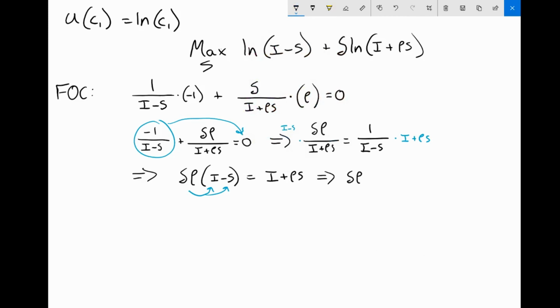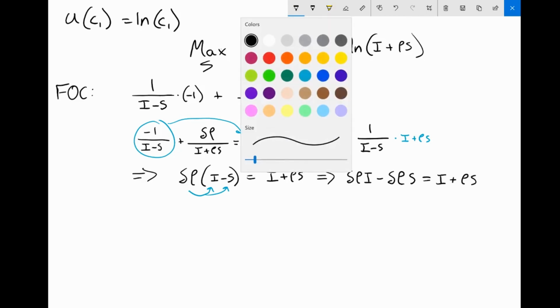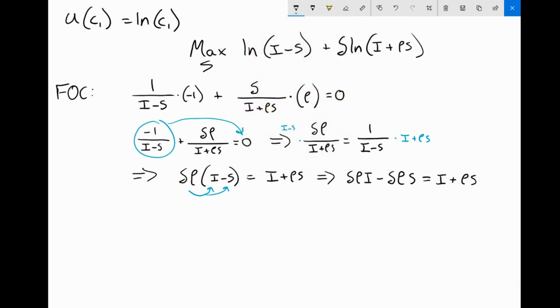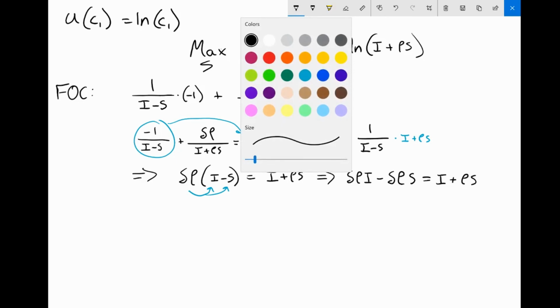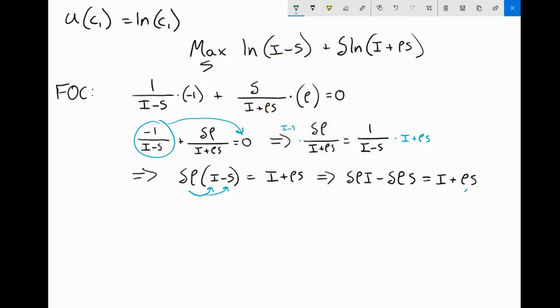Delta rho I minus delta rho S equals I plus rho S. I'm going to consolidate all the S terms on this side of the equation and all of the I terms on this side. So I'll have delta rho I minus I equals rho S plus delta rho S.